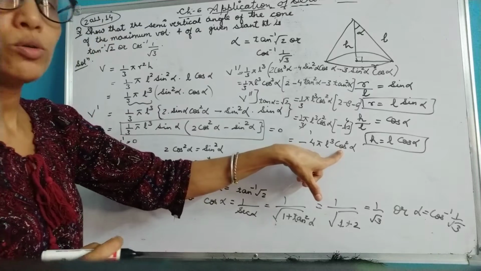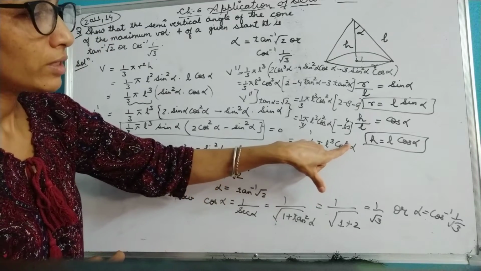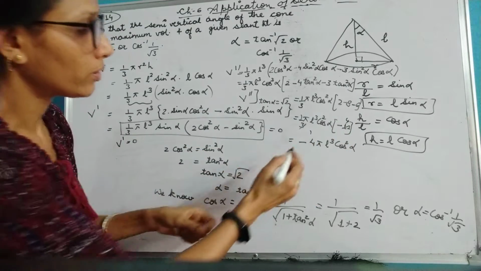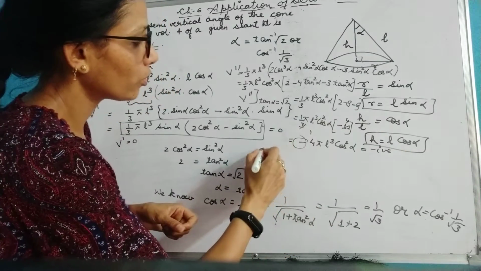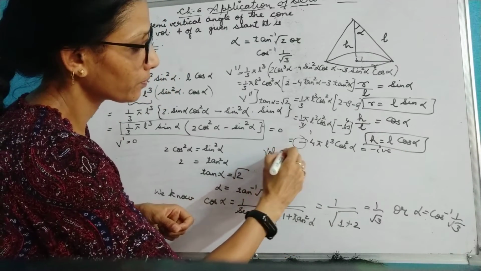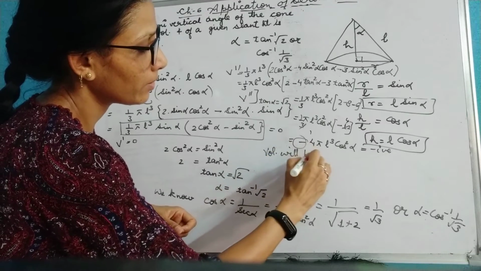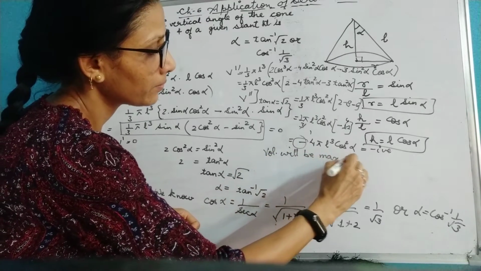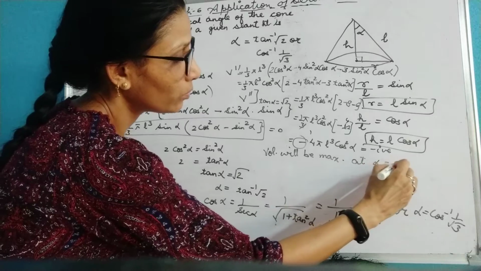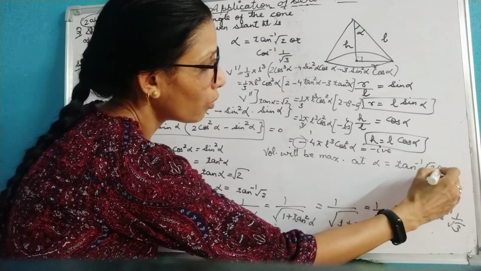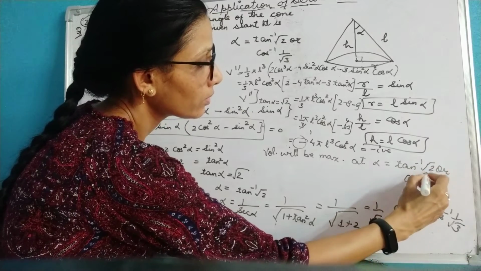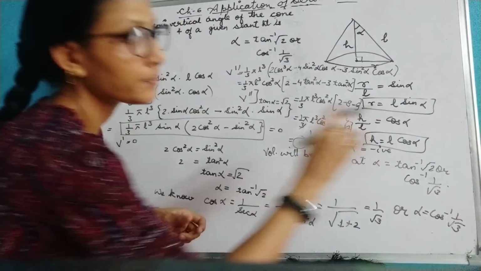Now whatever the value cos alpha takes here, it is a square, so it will become positive. So in total I am getting this term as negative, hence your volume will be maximum at alpha equal to tan inverse root 2 or cos inverse 1 by root 3.